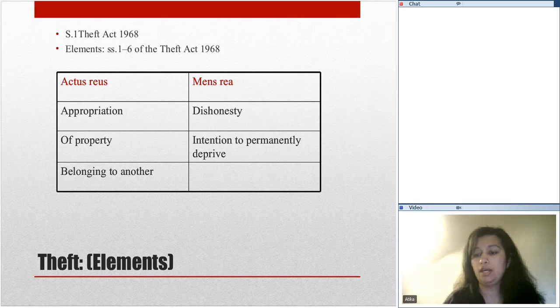If one of the elements is missing, any prosecution for theft will fail. Just like other offenses, it's the prosecution's job to prove all the elements of the crime, not the defense. If the prosecution fails to prove even a single element of the crime, that crime fails.